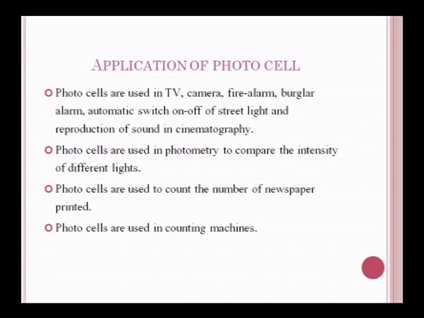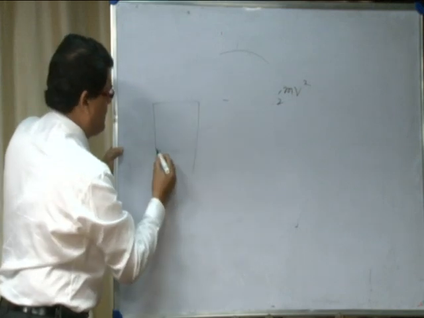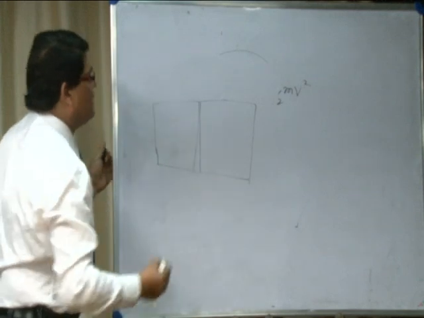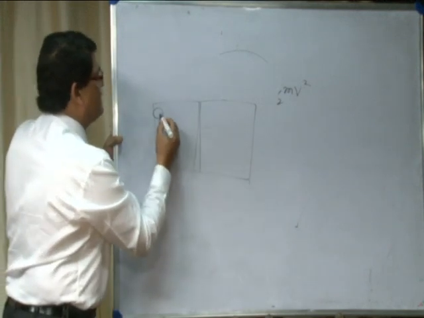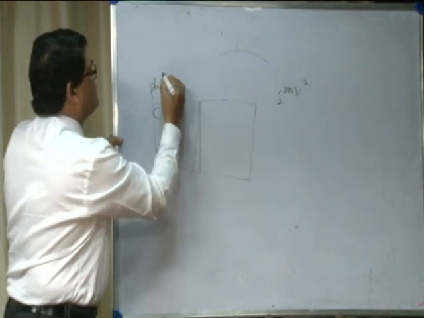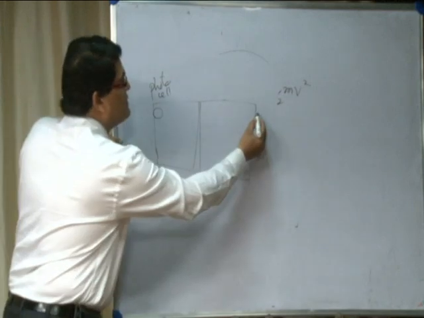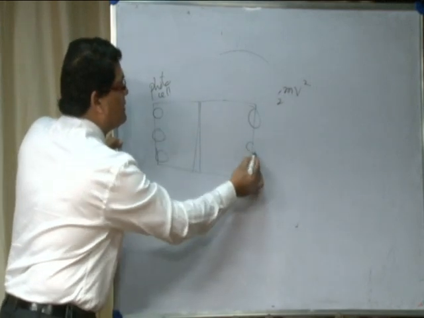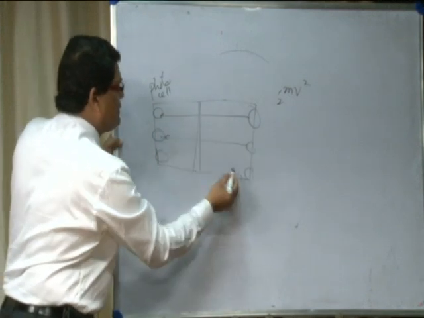Let us imagine you have gone to a commercial establishment, and these are the doors. On one side a photocell is placed, sensitive to infrared, and on the other side the light is allowed to pass through like this. The light falls on it.